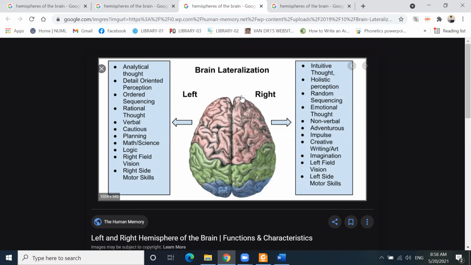But when Mr. Gage recovered, it was found that he could speak the way he could before that incident. So for example, if this part of his brain had been damaged, he might not have been able to use language the way he could before that accident.